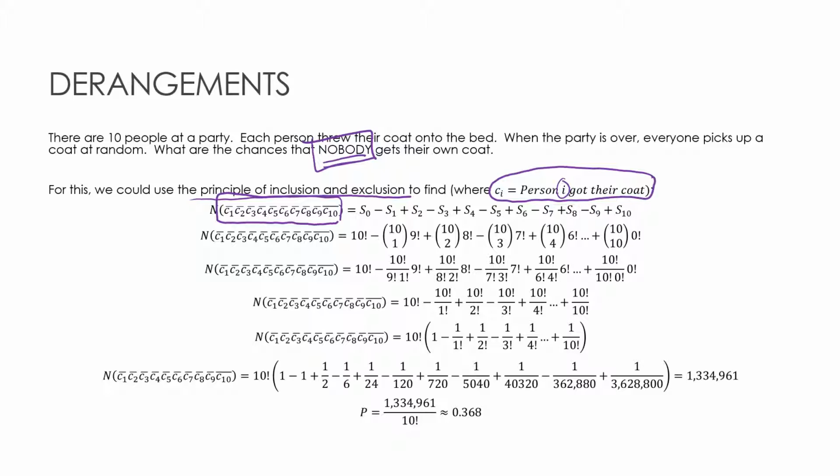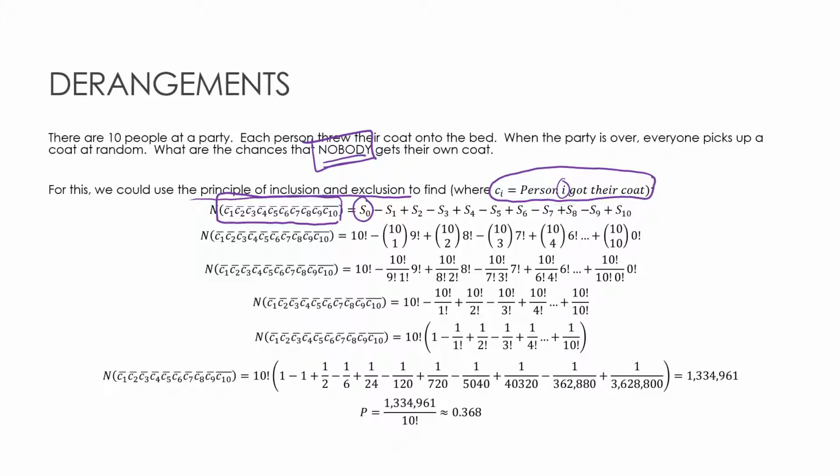So remember, when we talked about Section 8.1, we said it always has to be the opposite, because the principle of inclusion and exclusion is going to give us the not. And again, I've just rewritten the formula so that we remember what that formula was. And then I just started finding those values. So again, just like we did before, S0 is essentially the sample space. There are 10 people.